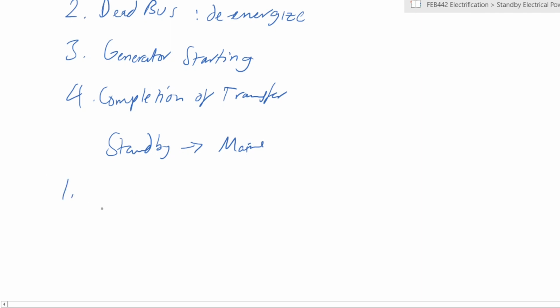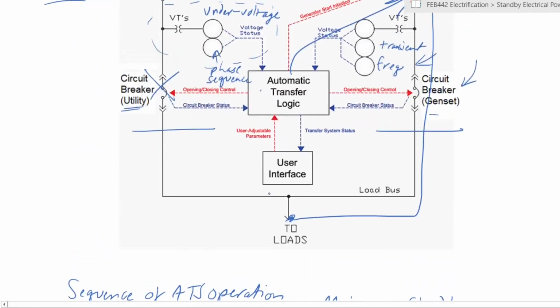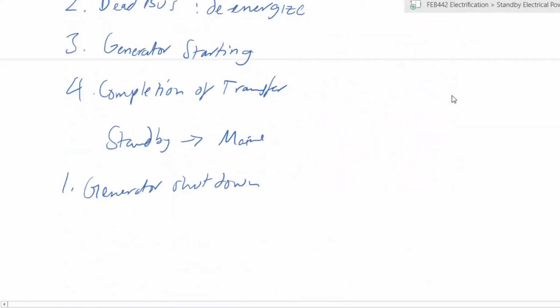So your first step would be generator disconnection. You switch off your circuit breaker and disconnect. Technically, you don't need to shut the generator down. You just need to disconnect.